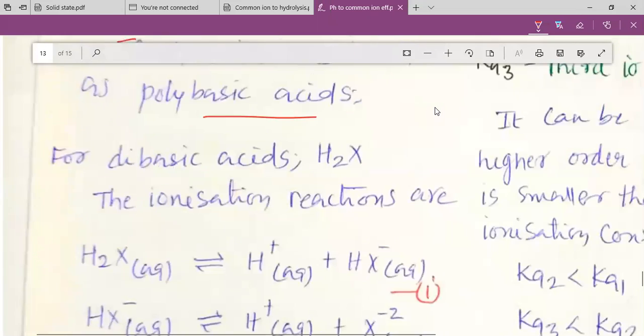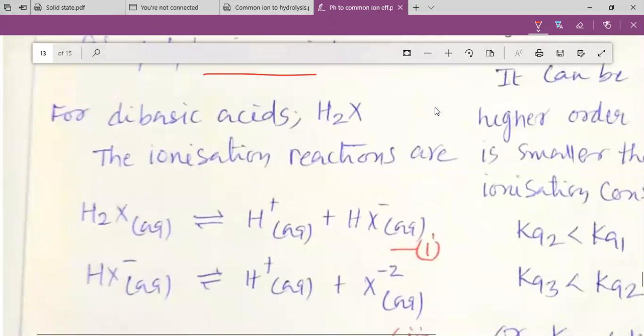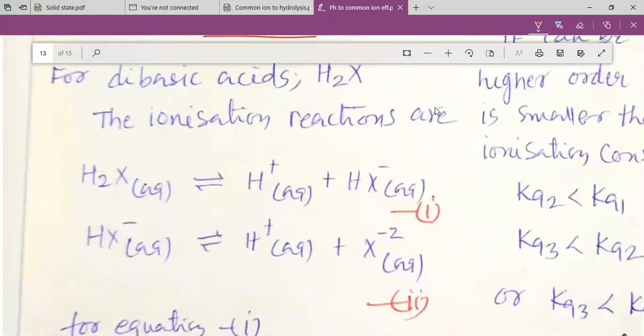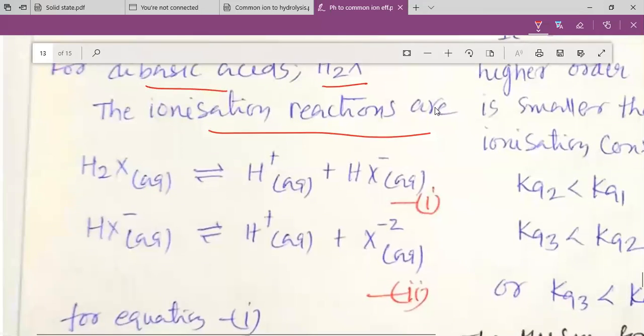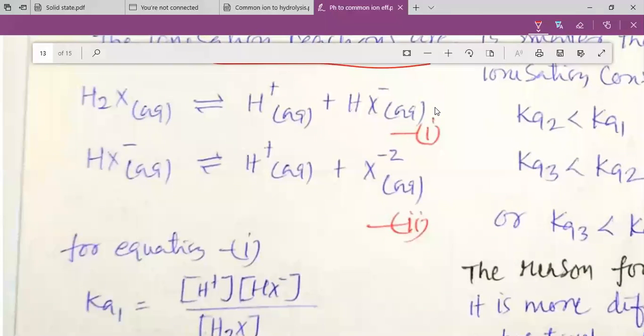So those acids which have more than one H plus or more than one proton available are known as the polybasic acid. For example, if we have dibasic acid H2X, then the ionization process for dibasic acid H2X, we can write: H2X first gives H plus and HX minus. This HX minus again dissociates to give H plus and X minus 2.